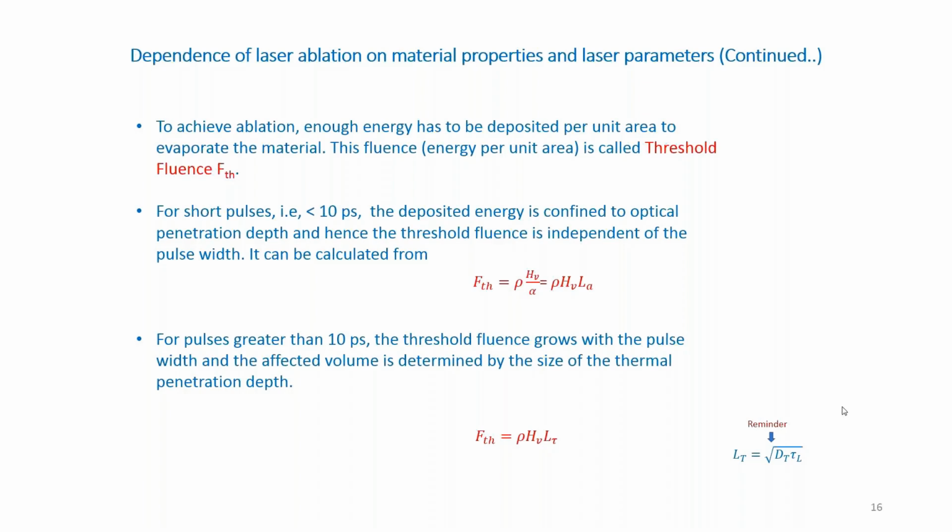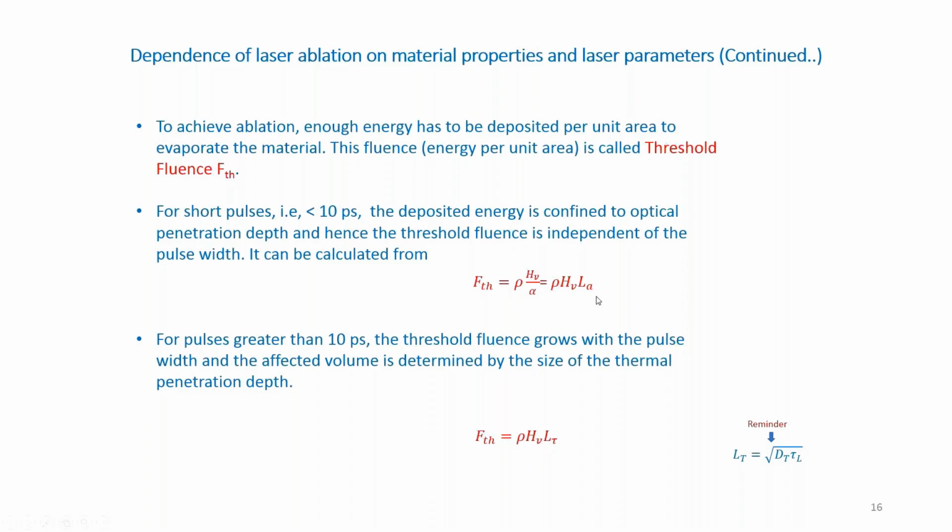So when you are in the less than 10 picosecond regime, this threshold fluence only depends on the density of the material, heat of vaporization, and L alpha. This actually has to be alpha, which is the thermal penetration depth. So this is how you define that.